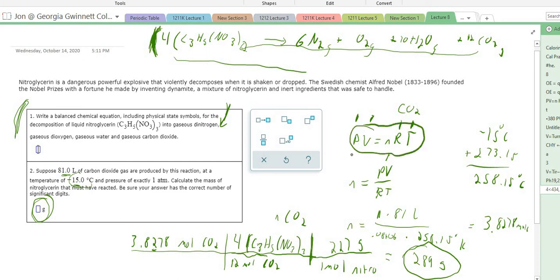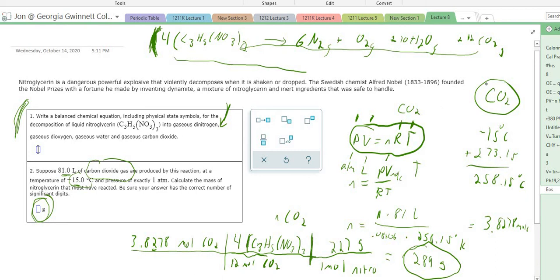Make sure we get things into the right units. Pressure is going to be in atmospheres, volume in liters, n is the number of moles, and T is temperature. Out of this, I can get the number of moles of carbon dioxide that comes out of this reaction. And it's asking how much, in terms of grams, of nitroglycerin must have been consumed.